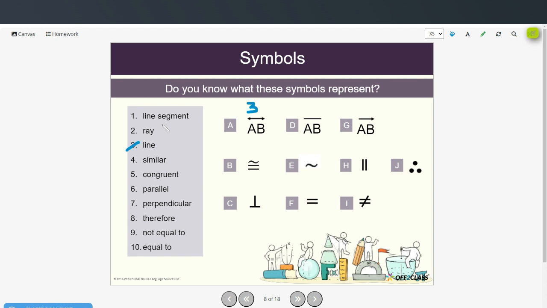Okay, line segment would be letter D. So that would be number 1.